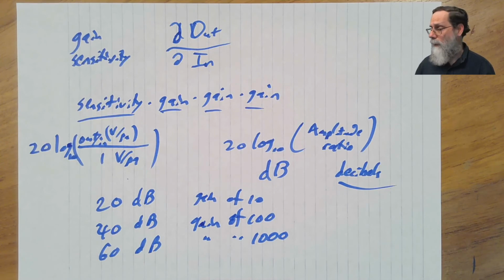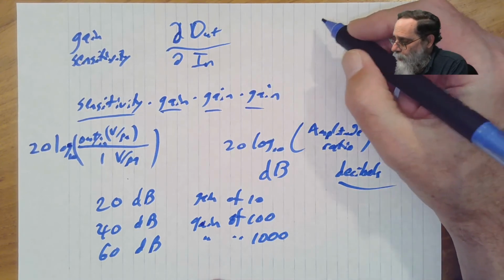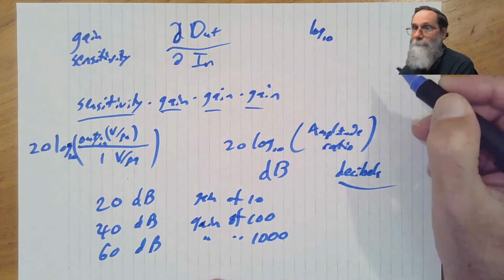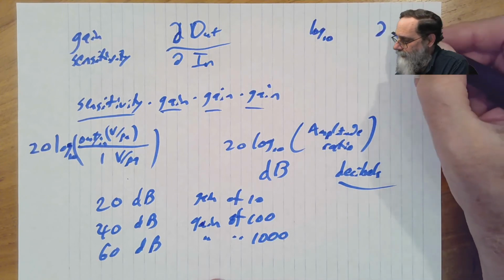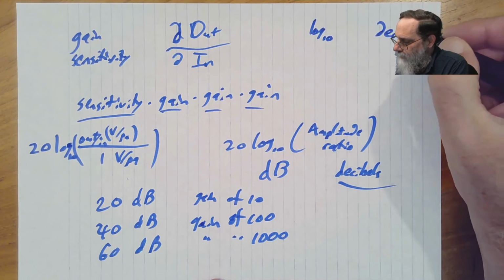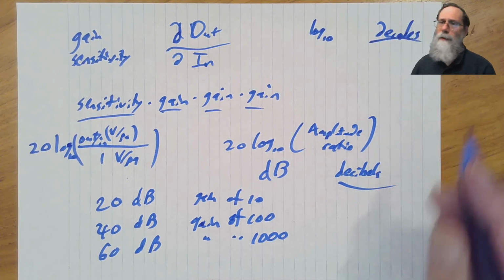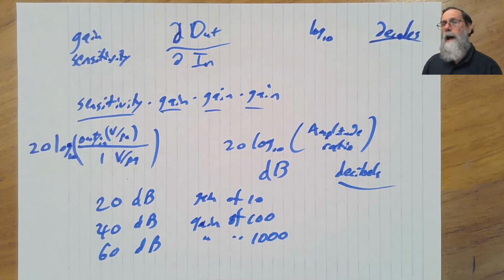Now there are other units that sometimes get used. Sometimes people use just log base 10, and then they often talk about things in decades. That's particularly done for things like frequency ratios. So from 10 hertz to 100 hertz, that's 1 decade, a factor of 10. From 10 hertz to a kilohertz, that's 2 decades, a factor of 100.